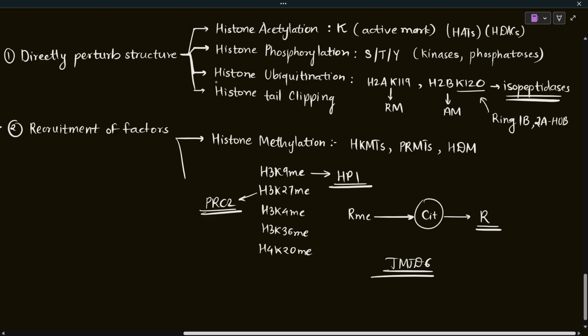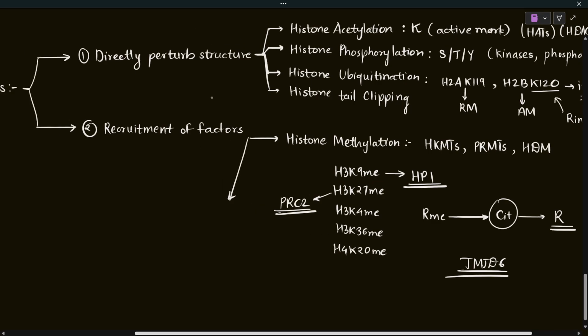But alongside histone methylation, there are other examples which can also recruit chromatin factors, and those are histone acetylation as well as histone phosphorylation. So it is not necessary that any histone modification should work through a single mechanism of functioning.